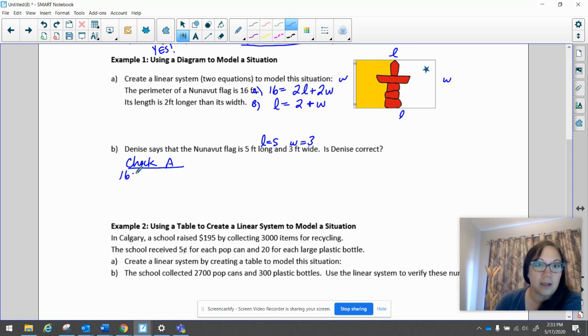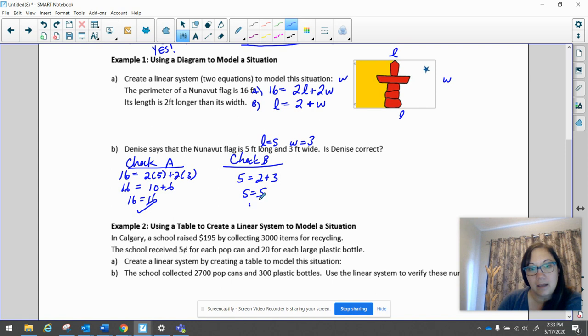So let's check. Is it true that 16 equals 2 times 5 plus 2 times 3? So it works out for equation A. Let's check it in equation B. Is it true that 5 is equal to 2 plus 3? And I do get it working out in both. So yes, she is correct.